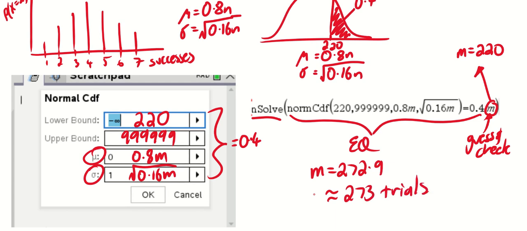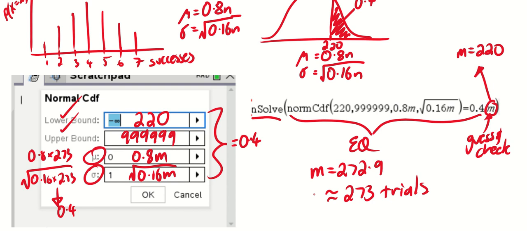If you wanted to check whether that solution's right, you can go back to your normal CDF with lower bound 220, upper bound huge, make your mean 0.8 times 273, and make your standard deviation the square root of 0.16 times 273. When you enter that in, you should get approximately 0.4 as your probability.